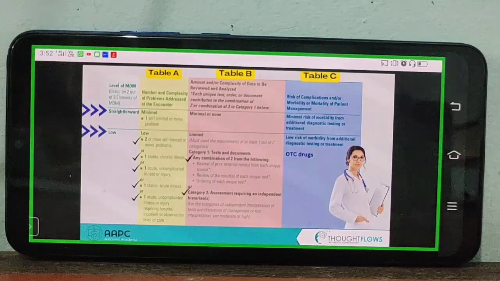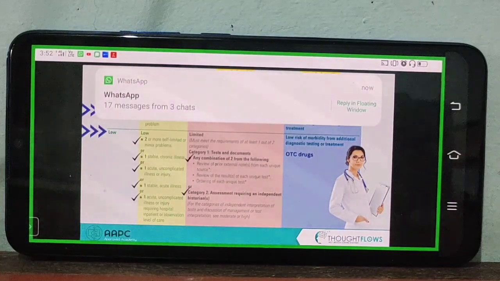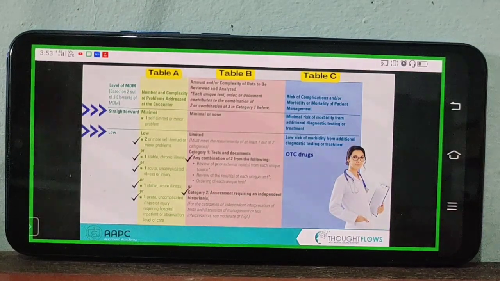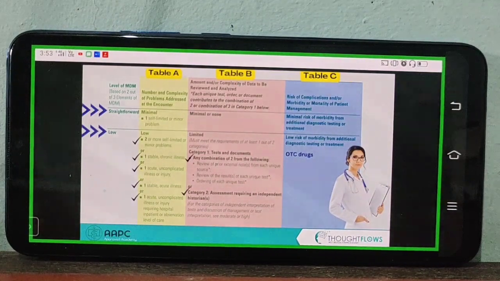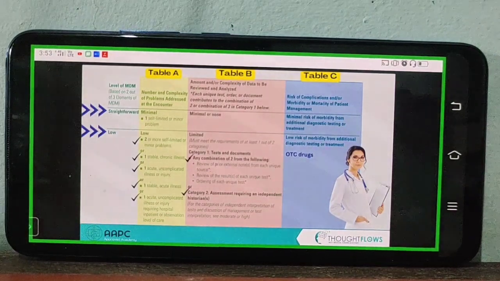Once I complete the table, I will share the example for each and every column. So one self-limited or minor problem: the patient must have only one problem, like a common cold or cough.